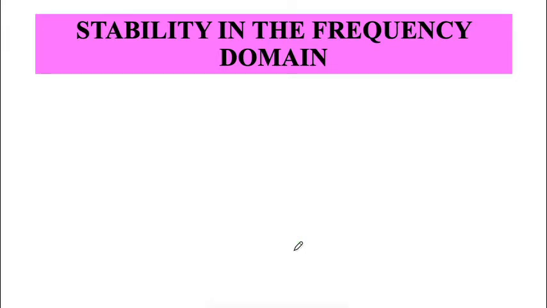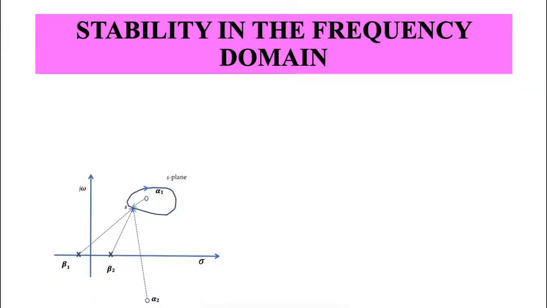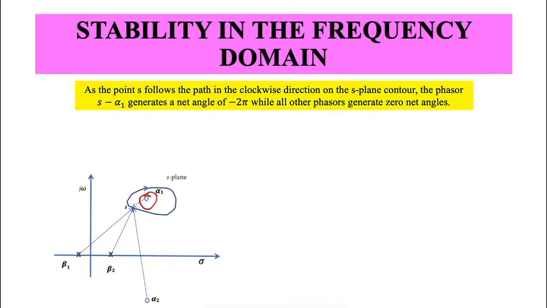So this is the contour in the S plane, which encircles a zero. Let's see, as the point S follows a path in the clockwise direction. I am here and I take a clockwise direction, so all the way I end up here.